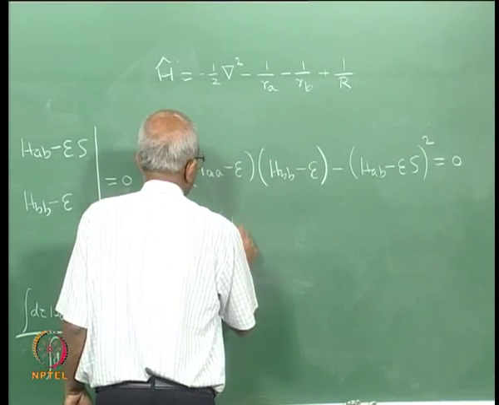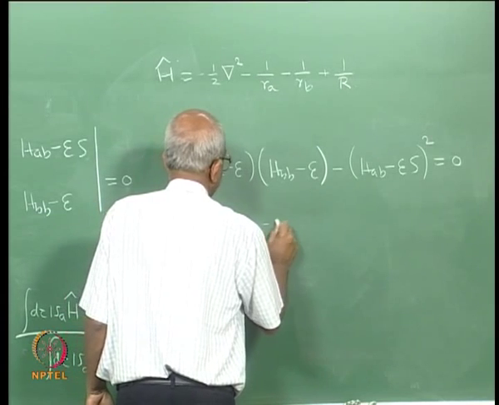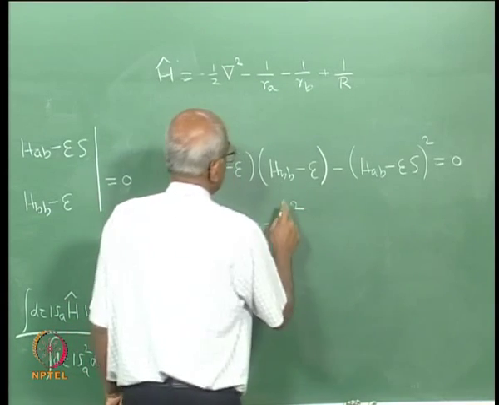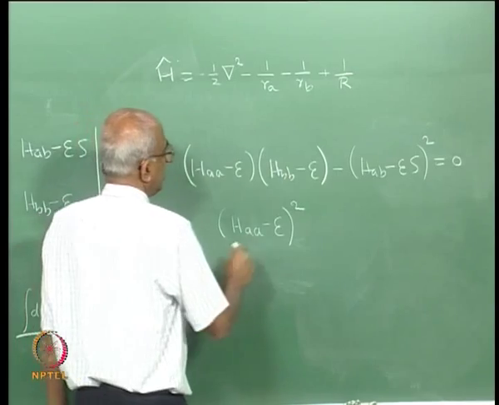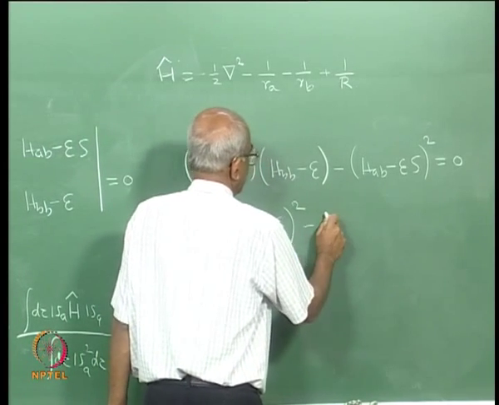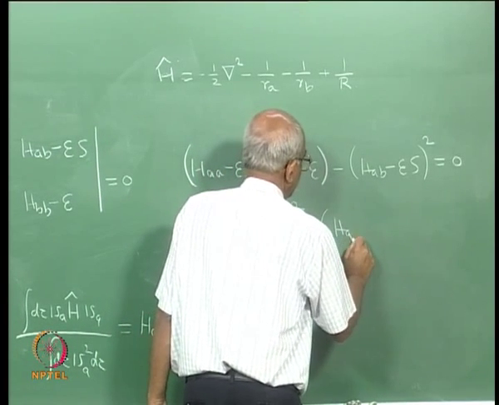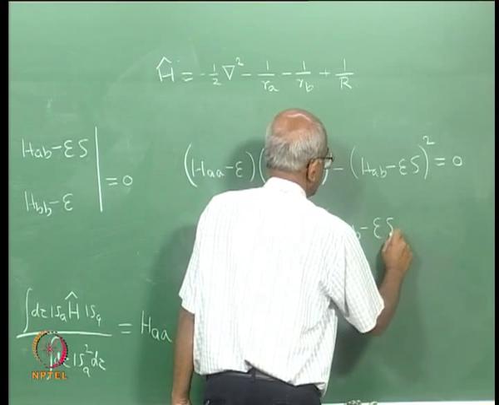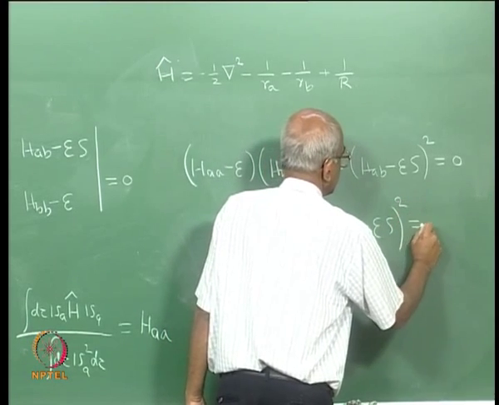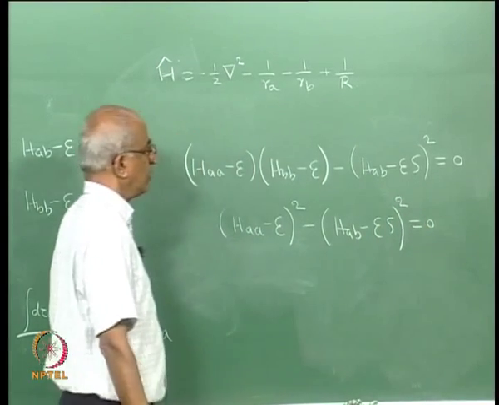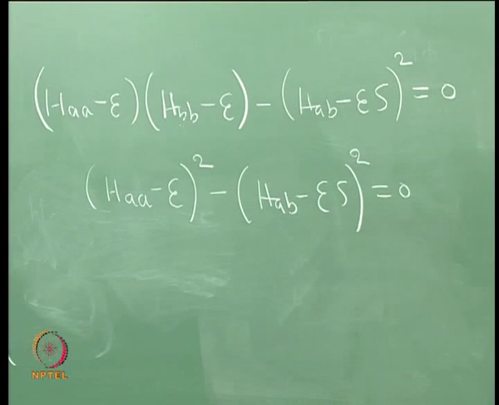The left hand side becomes (HAA minus script E) the whole square, because this and that are identical, minus (HAB minus script E into S) the whole square is equal to 0. Correct?